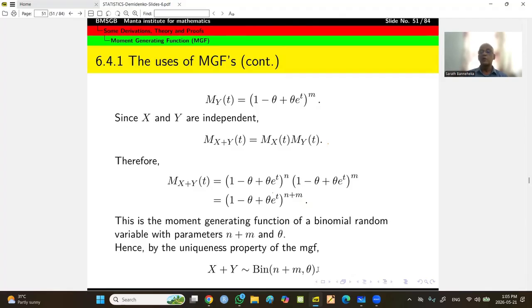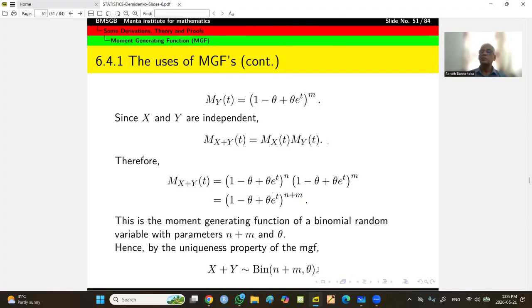If Y has a binomial distribution with m and θ, then Y is the number of successes in m trials with probability of success equal to θ. So it's like tossing the same coin n times and finding the number of successes and calling it X, and then tossing it again m times and finding the number of successes and calling it Y.